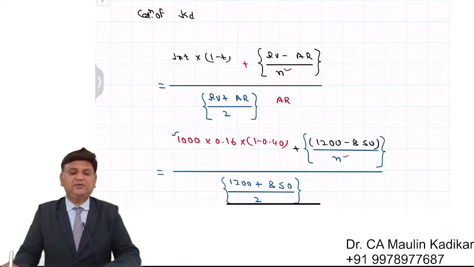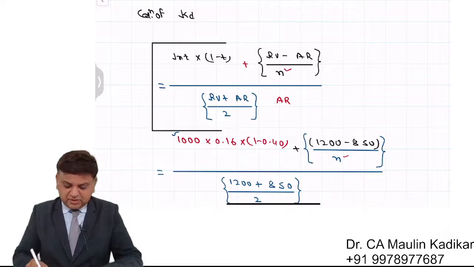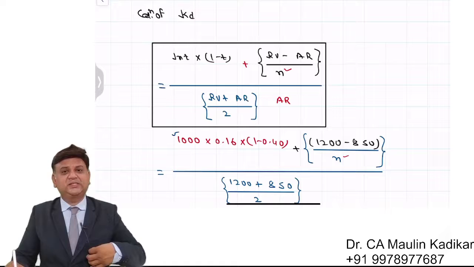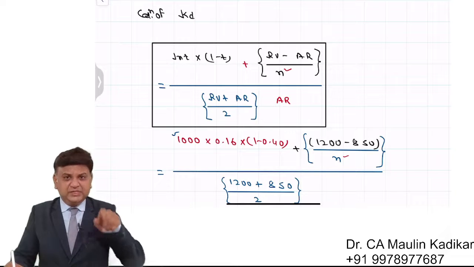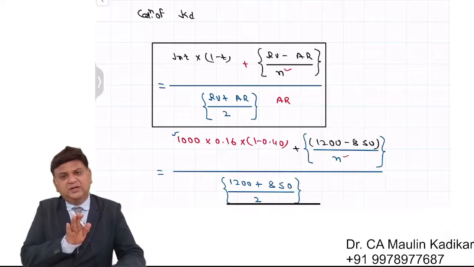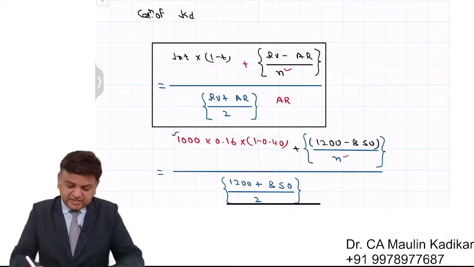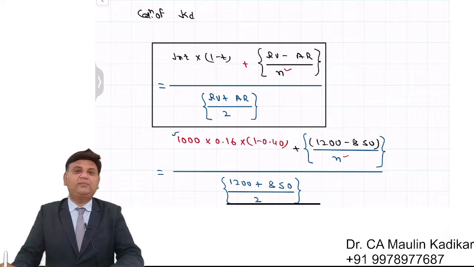That is the reason we do like this. Now in order to get an answer for this equation which is near to the actual cost of debt financing, we calculate this answer which is near to the IRR, and that is the reason in the division we take the average of these two values instead of amount received.